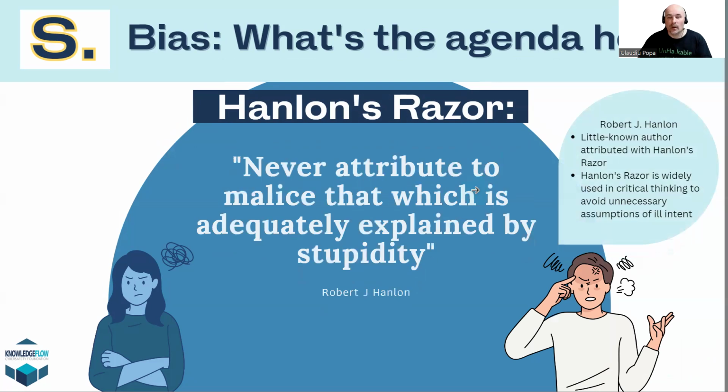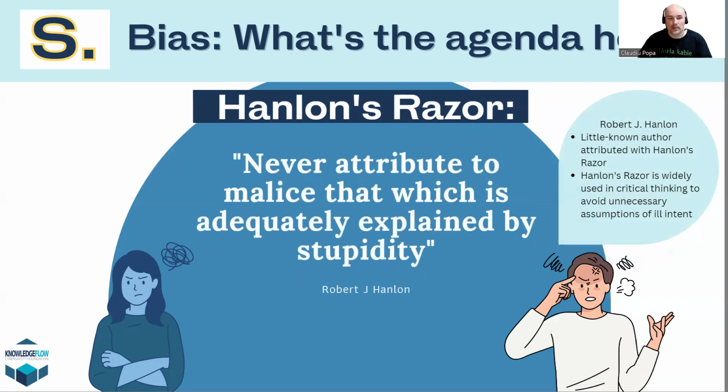But one of my favorite razors is Hanlon's razor. Don't attribute to malice that which is adequately explained by stupidity. It's more likely that somebody ignorant has chosen to lie to you rather than someone malicious has chosen to defraud you.